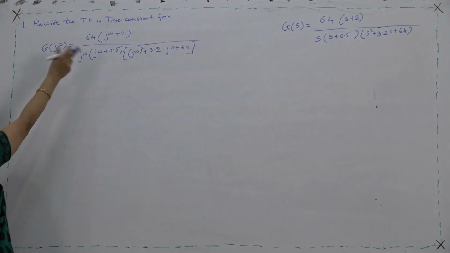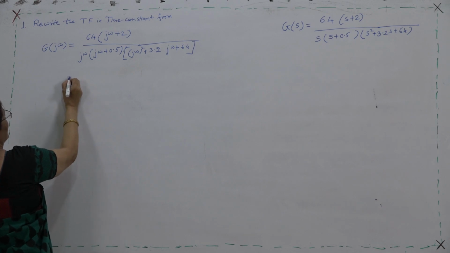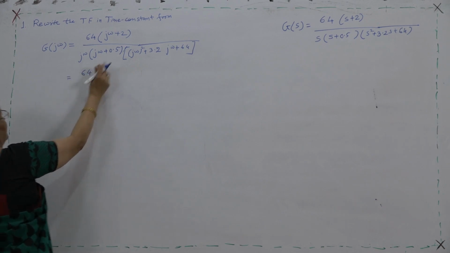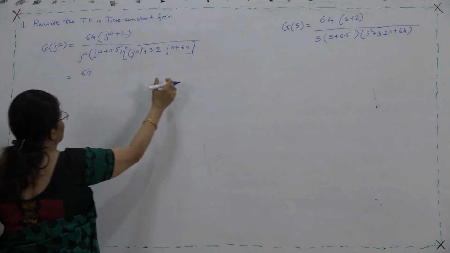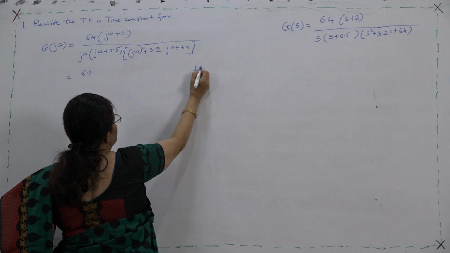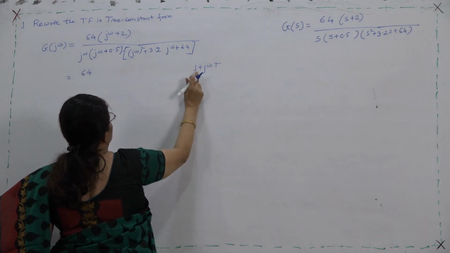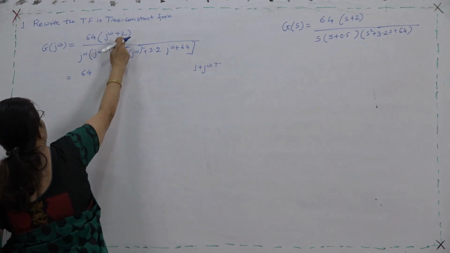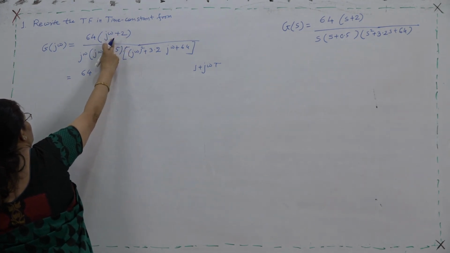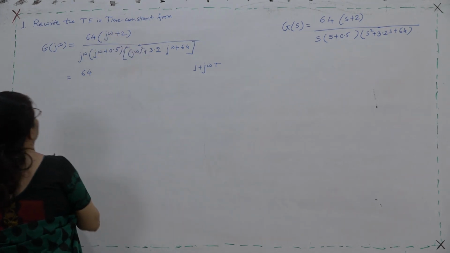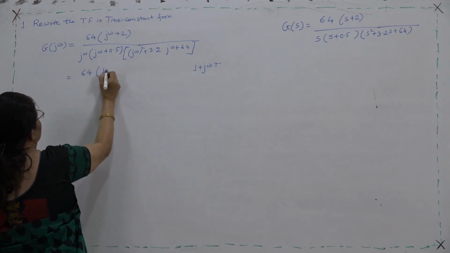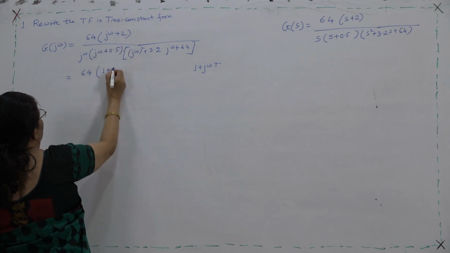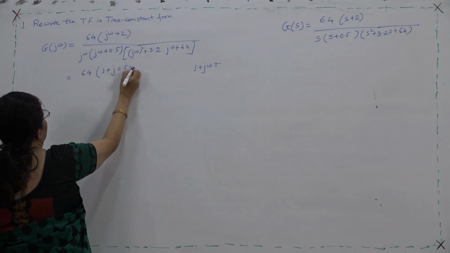The next step is we want to convert it into time constant form. How will you get the time constant form? Here I want 1 plus j omega T. So, what is the time constant form? We want it as 1 plus j omega T. So, I want this as 1. If I want this 1, I have to divide here by 2 and then multiply by 2. So, what I will get here is 1 plus j 0.5 omega.